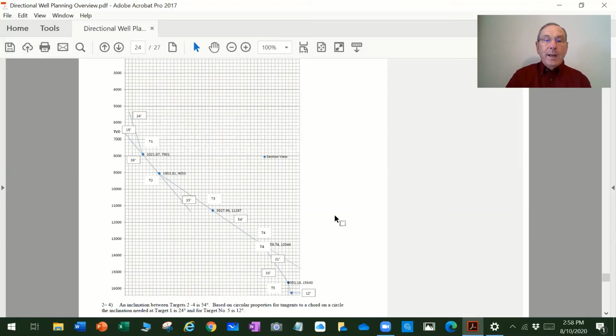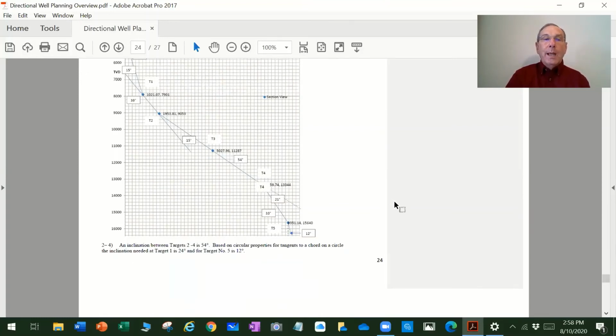All right. Now, based on the circular properties for tangents to a chord, this angle is 39 degrees. So it's 39 degrees, and this inclination is 54 degrees.